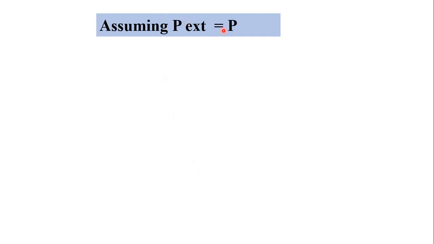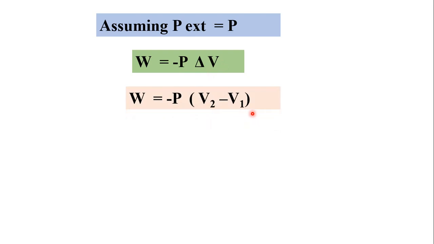Now if you consider that the external pressure is equal to the pressure of the gas, then W is equal to minus P delta V, because P external is equal to P. Substituting, W is equal to minus P into V2 minus V1, where V2 is the final volume and V1 is the initial volume.